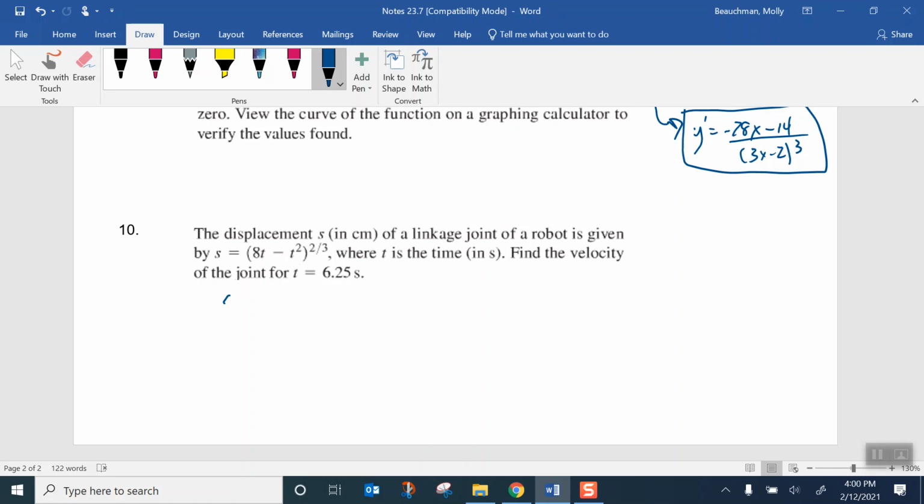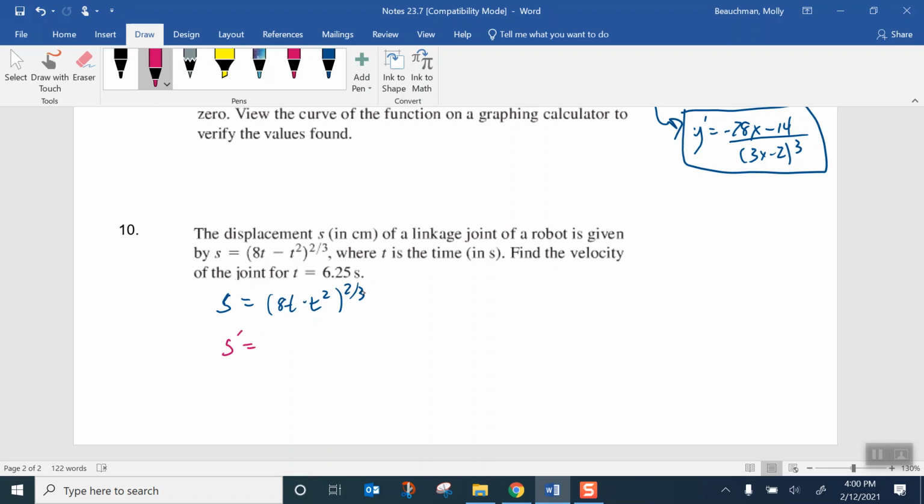So what we're looking for is the derivative. The function S is (8t minus t squared) to the power of 2/3. So what we want to do is find the derivative and then evaluate it at 6.25 seconds.